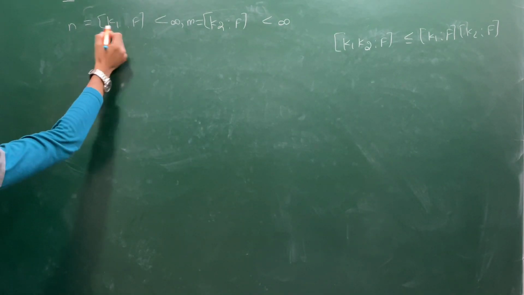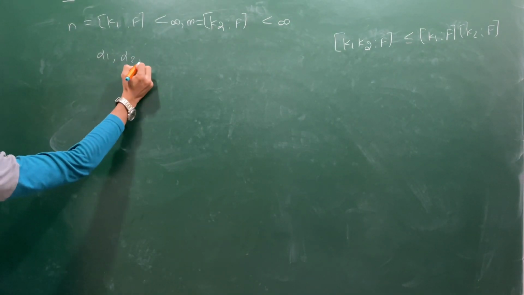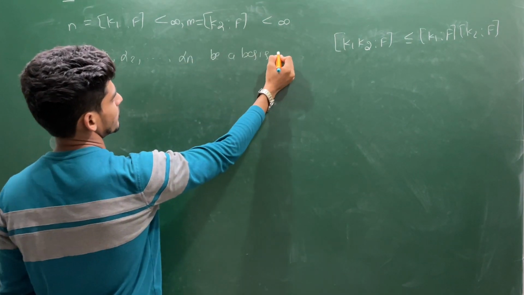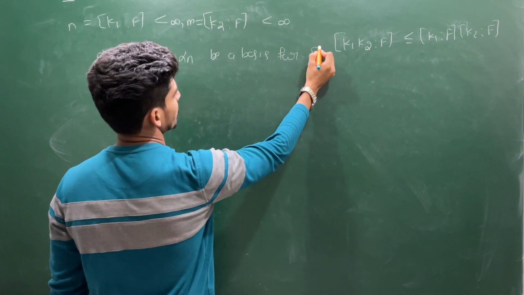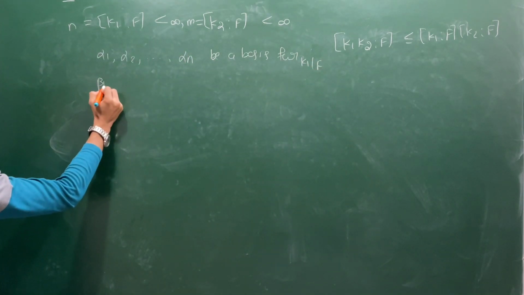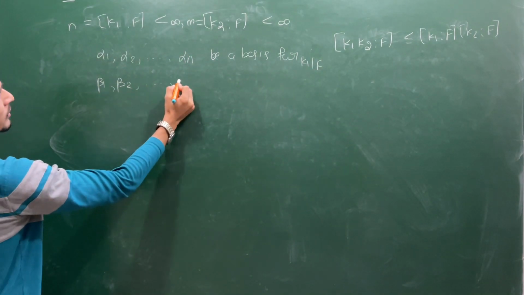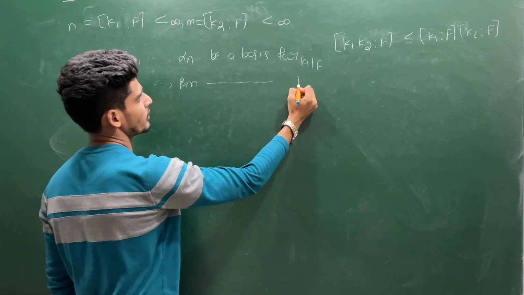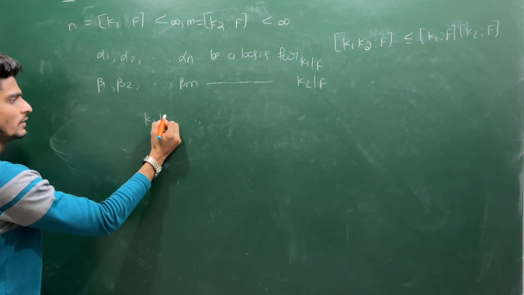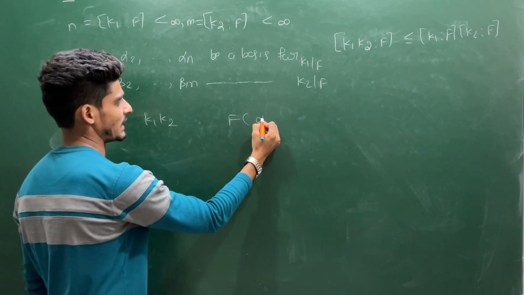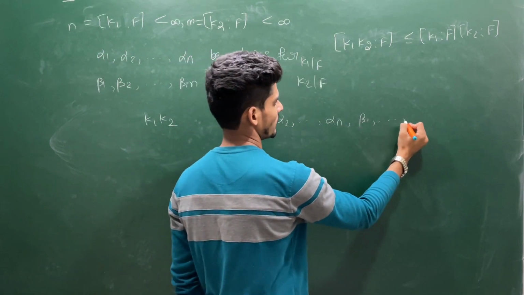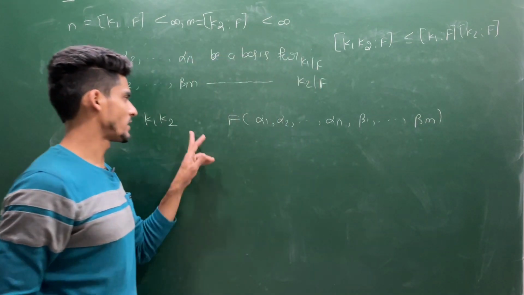This k1 is of degree n, so I can say alpha 1, alpha 2, up to alpha n be a basis for k1 over F. Similarly, I can say beta 1, beta 2, up to beta m be a basis for k2 over F. Can I say this k1 k2 and this field extension F(alpha 1, alpha 2, up to alpha n, beta 1 up to beta m), these two extensions are same?